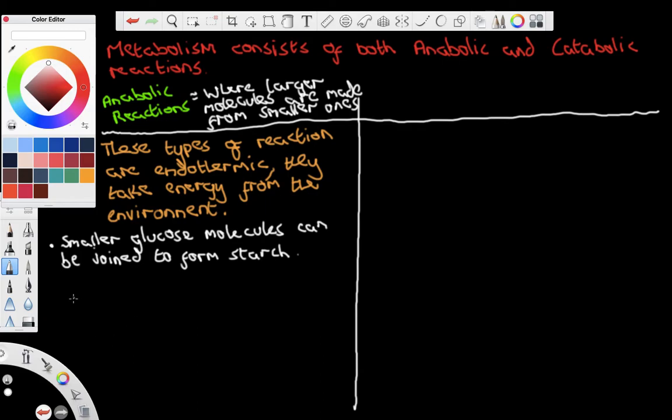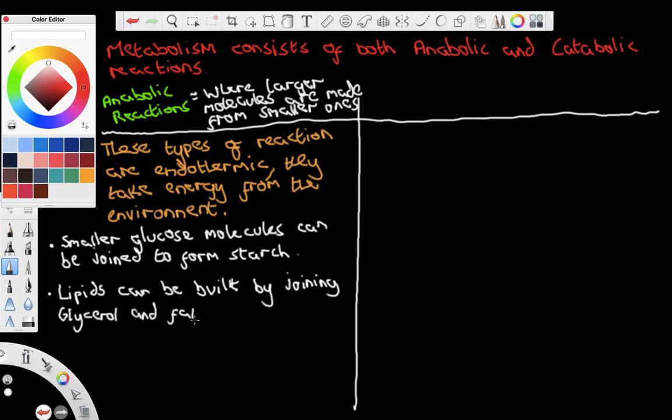We can say that lipids can be built by joining glycerol and fatty acids. So we've got smaller glucose molecules can be added together to form starch.